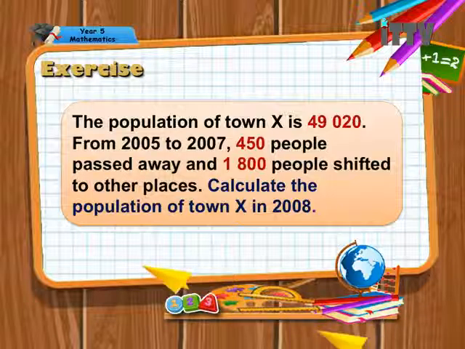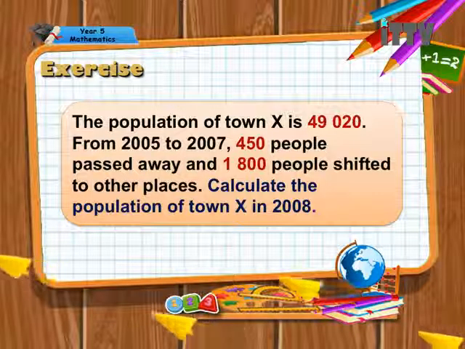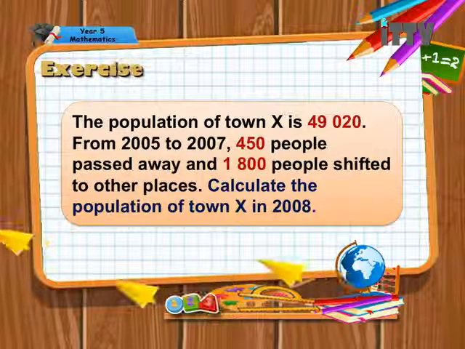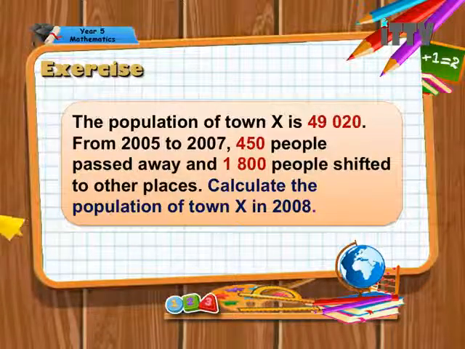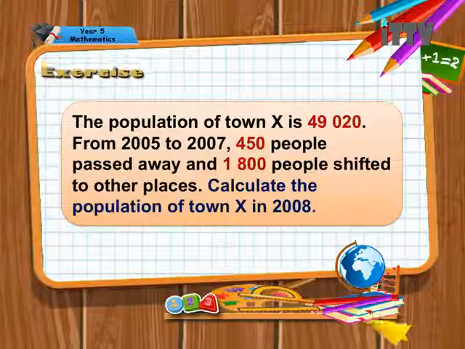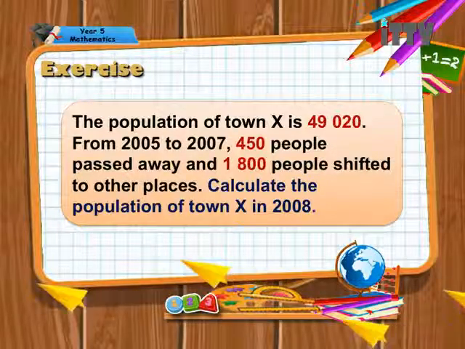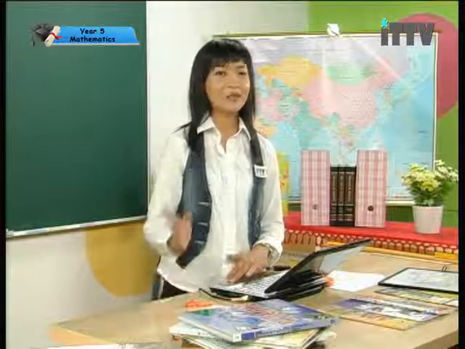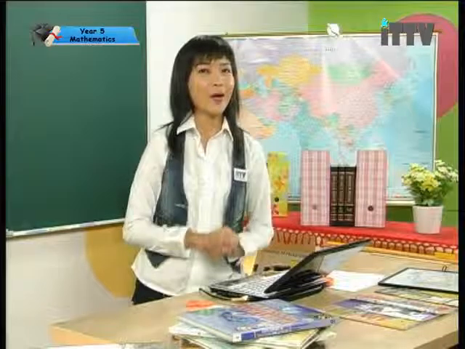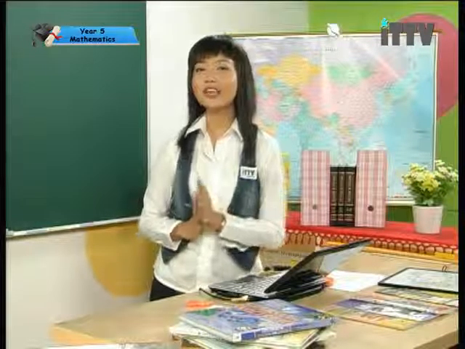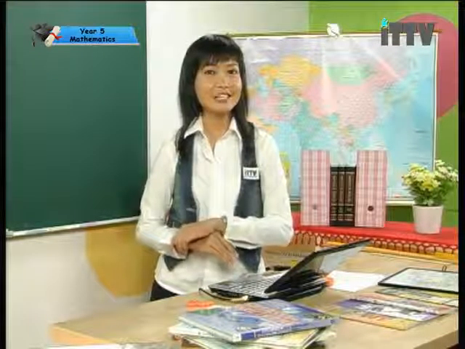The population of town X is 49,020. From 2005 to 2007, 450 people passed away and 1,800 people shifted to other places. Calculate the population of town X in 2008. Okay, got it down? Now be sure to do your questions, okay? Because we will be checking the answers together in the next lesson.